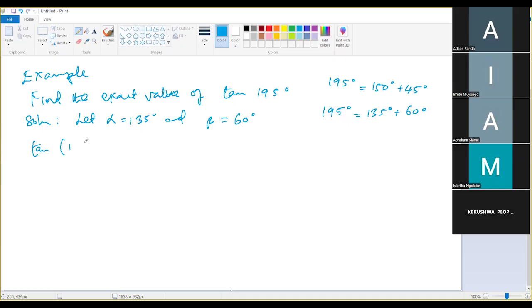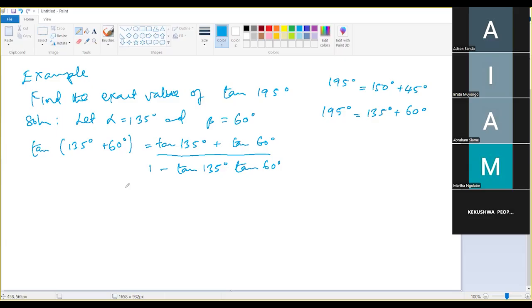That gives you 135 degrees plus 60 degrees. And by our identity, this will be the tangent of 135 degrees plus the tangent of 60 degrees divided by 1 minus the tangent of 135 degrees times the tangent of 60 degrees.